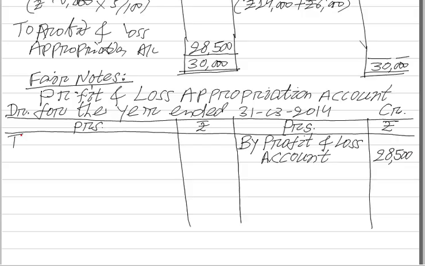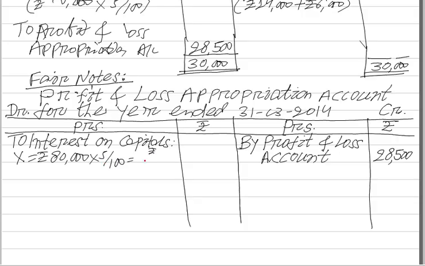To interest on capital for X, this is 80,000 into 5%, rupees 4,000.